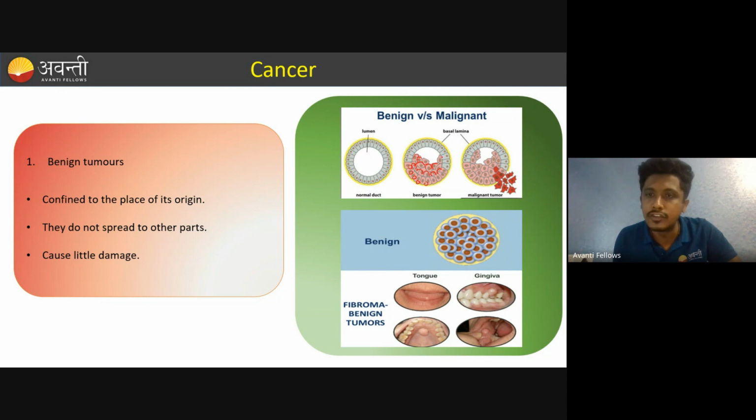Once they have formed this tumor mass, they are localized to this particular region. If it is intestinal cancer or colon cancer, they are in the colon only. If it is oral cancer, it stays in the oral cavity only. So this is called localized cancer or benign cancer. They remain in that part where they are affected and they do not spread to other parts. Okay, and they cause only a little bit of damage to the tissues.